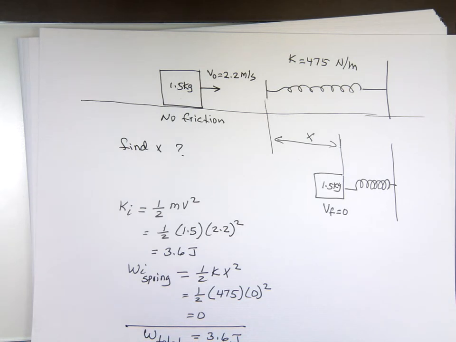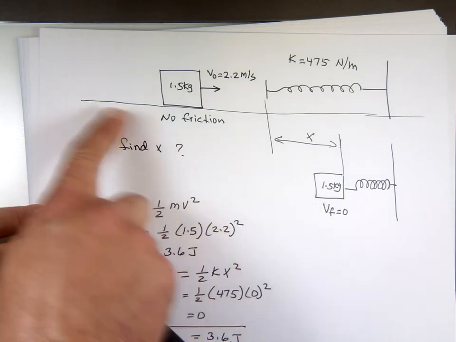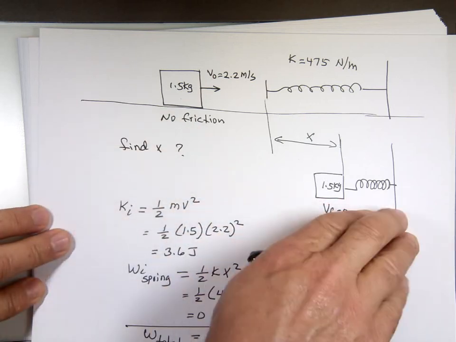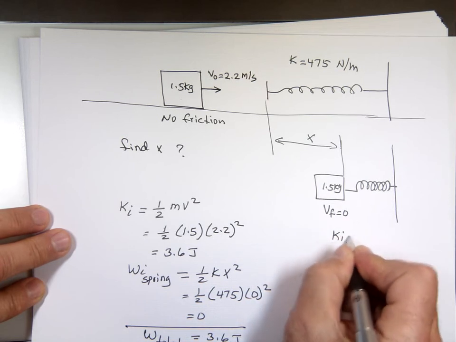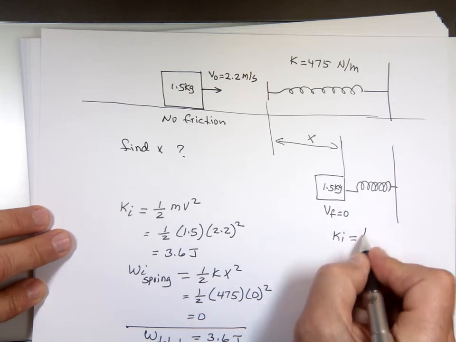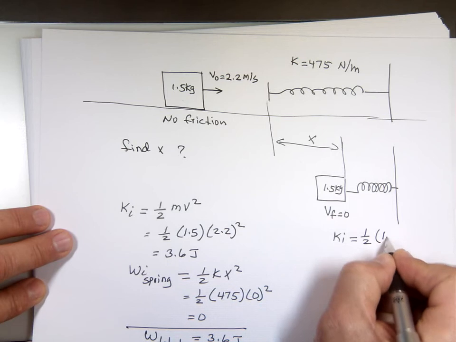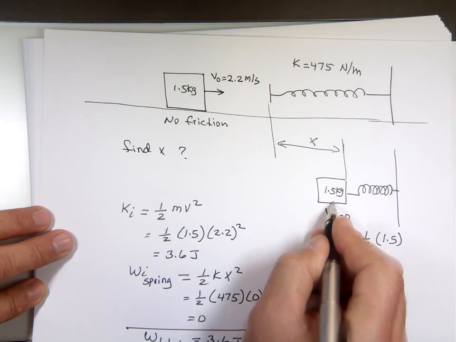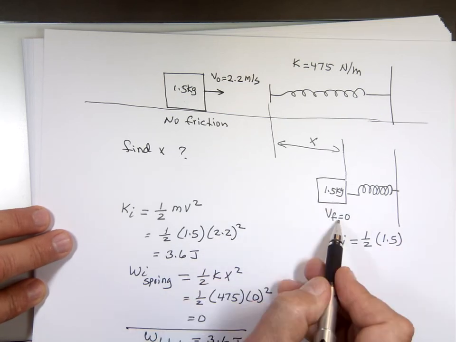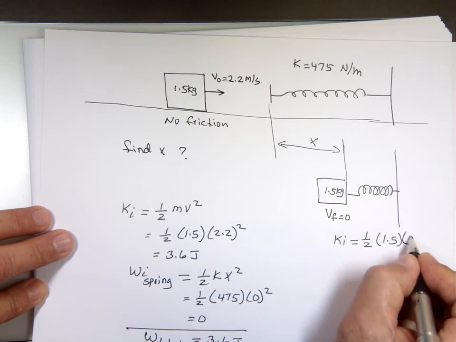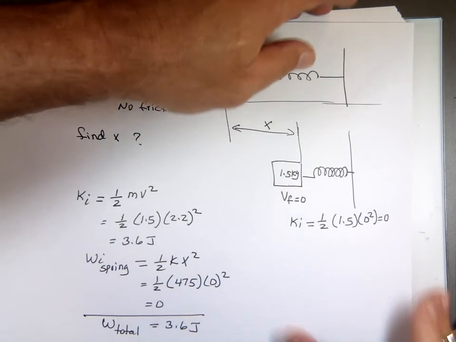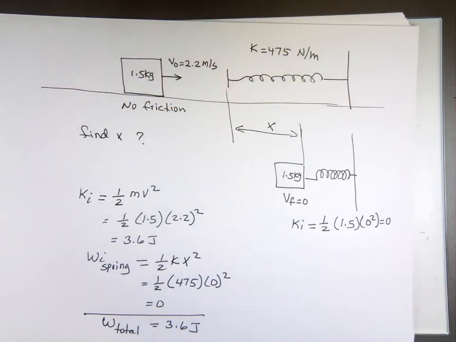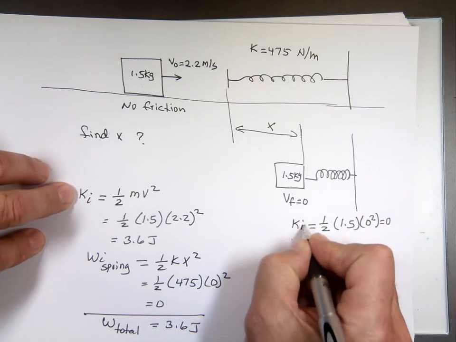Now let's look at the final, when the block came in, pushed the spring till it stopped moving and stopped right there. What is the kinetic energy of the block here? 1/2 the mass, which is 1.5. And what's the velocity of the block here? 0. What about the spring? That's the final action, not initial.